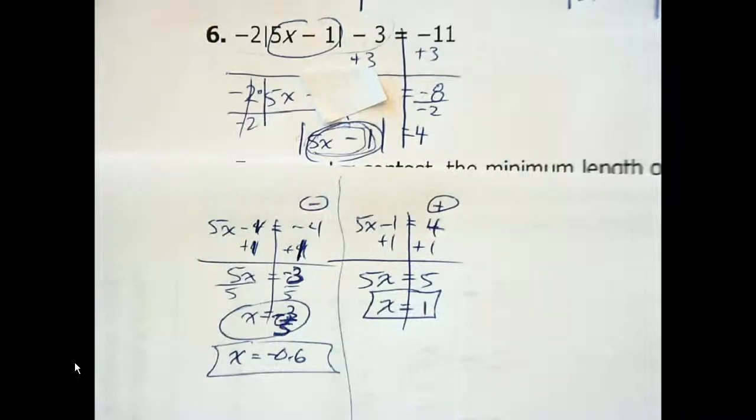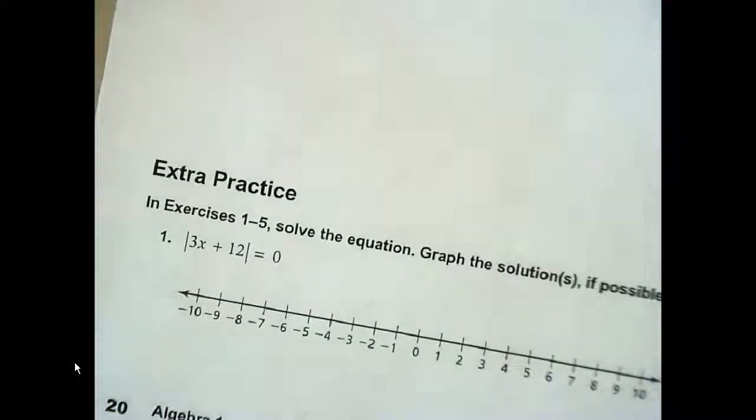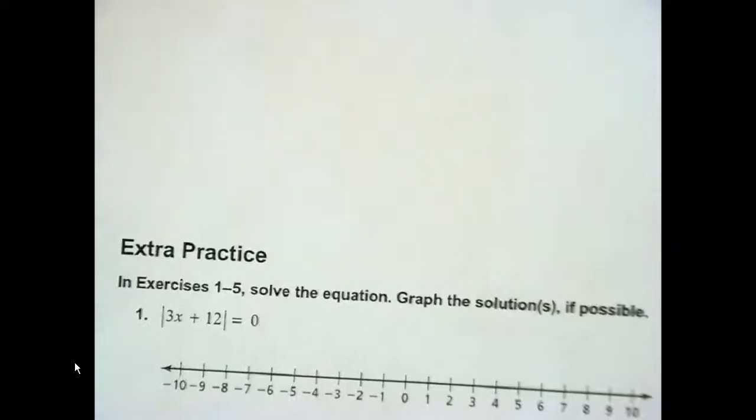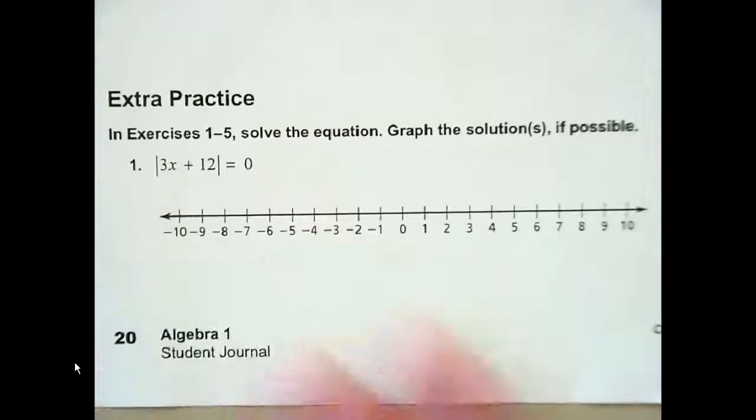Okay, guys, I'm going to pause there. I want you to take your student journal. I'll check yours here in a minute. If you need help, you can keep that out. Open it up to page 20. 17 was our note page. On page 20, at the bottom, you have your extra practice.